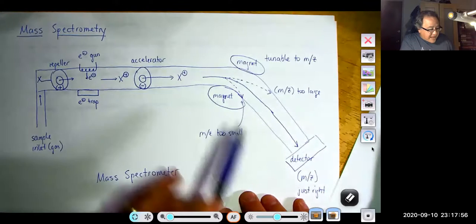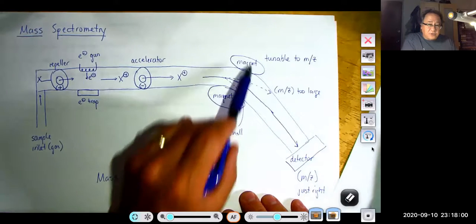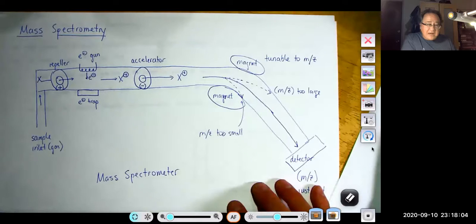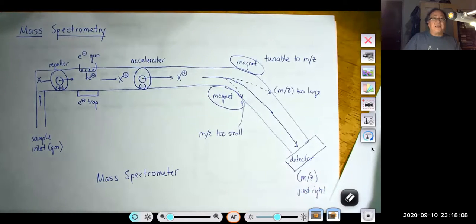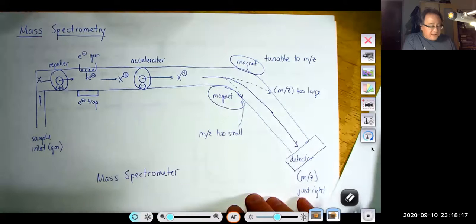Now this is a magnet around the tube, and the reason the magnet is there is that it's tunable so that you can change the flight path of the cation. So you can tune the magnet to where it changes the flight path very little or a whole lot. Now, the flight path gets changed depending on the mass to charge ratio.